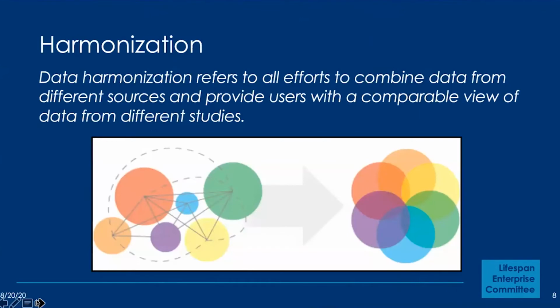So by harmonization, what I am referring to is efforts to combine the data from different sources and from different studies, each with its own unique protocol and its own unique platforms. And what we're trying to do is combine them in a way that we can get a usable picture of what the life course of a disease is.